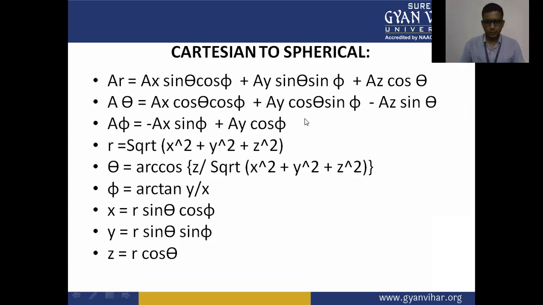And A phi is represented by minus Ax sin phi plus Ay cos phi. So these are the r, theta, and phi components in terms of spherical coordinate system vectors. So r is equal to the square root of x square plus y square plus z square. Theta is the arc cos of z upon the square root of x square plus y square plus z square, and phi is the arc tan of y by x.